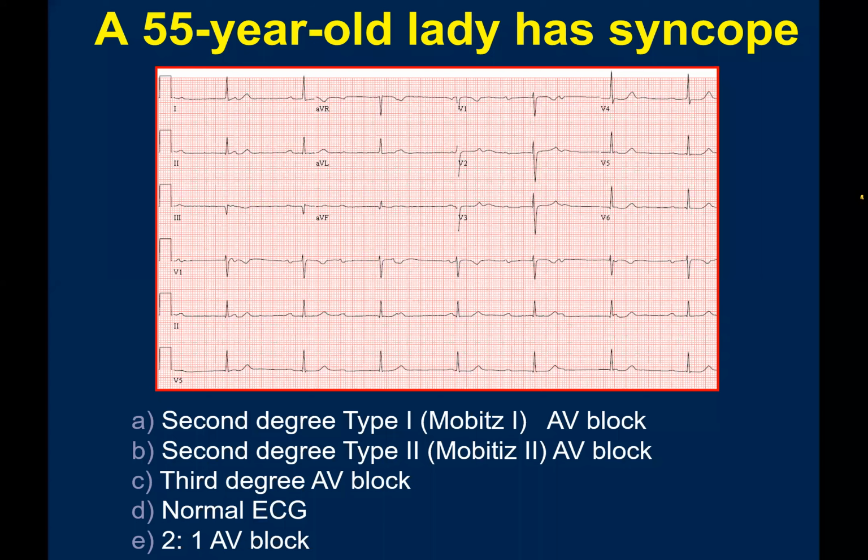And if we go in lead 2 and follow the strip, there is P, QRS, and the PR interval is actually changing. Now we can check the PP interval and the RR interval, and I think they are constant. So the PP interval and the RR interval are constant, but there is a dissociation between the P and R waves. So this looks like complete heart block or third degree AV block.